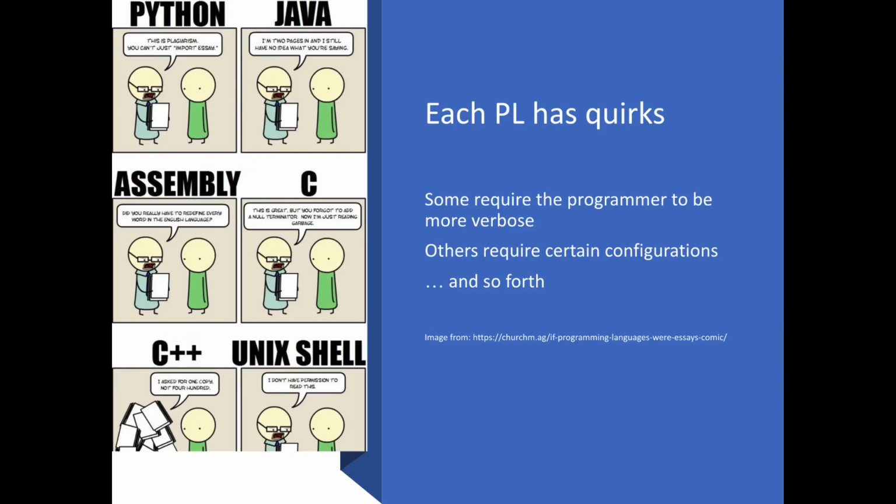Each language has its own characteristics. So for instance, Java is very verbose, and so on. Unix shell: "I don't have permission to read this." If you've used the terminal before, you might understand what that joke's about.